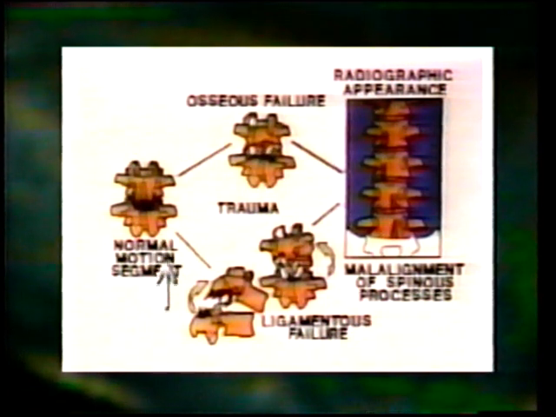On the other side, if we have ligamentous failure, where the bony structures remain intact but the ligaments fail, should we see on a radiograph malalignment of spinous processes, malalignment of pedicles, or any shift of a vertebra in relationship to the one above or below it greater than 25%, we must assume that major structural damage has occurred due to that particular injury. Now, what are the types of instability?